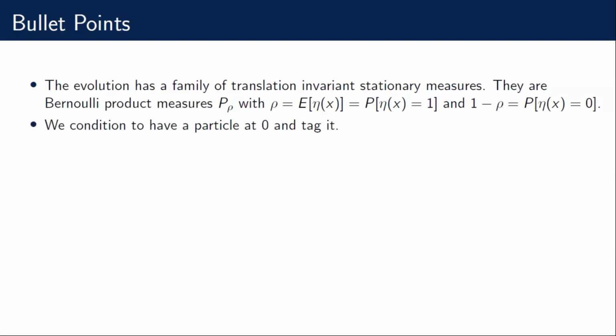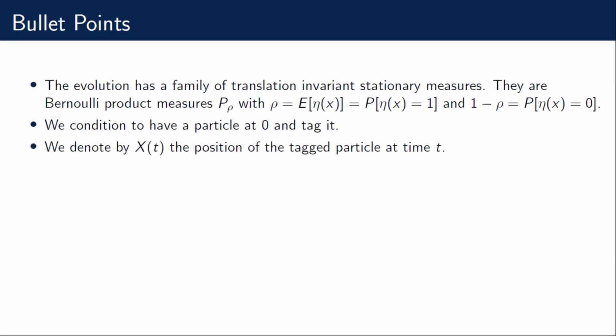And we condition to have a particle at 0 and tag it. Because of independence, the distribution at other sites is Bernoulli. And we denote by x(t) the position of the tagged particle at time t. So the whole thing is moving and we are tracking the tagged particle.